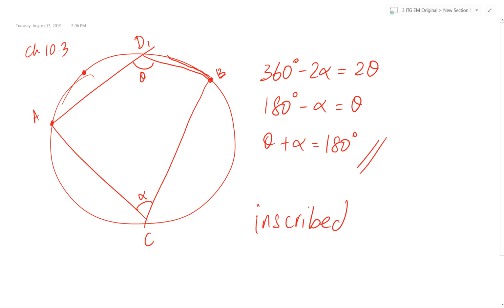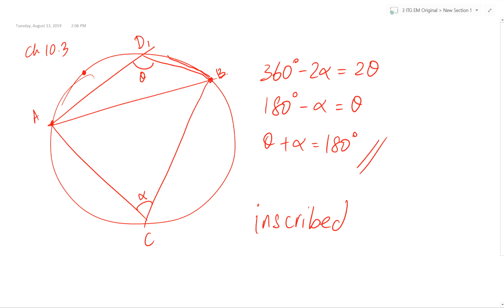I can use this relationship which says that the angles in the opposite, what word should I come up with? Theta and alpha. Opposite what? Circumference? No. Segment? Opposite segment? Why will it work? Where are the segments? Okay, draw a line AB.